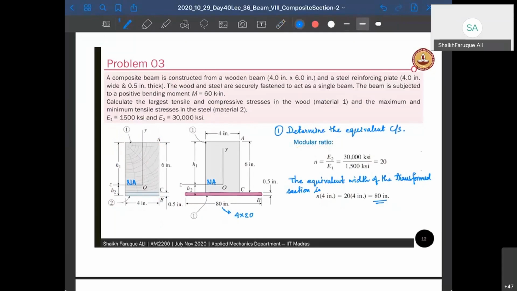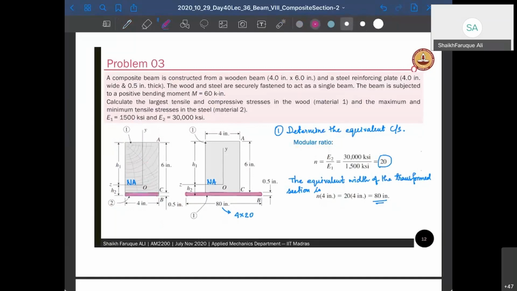So we just divide E2 by E1 because E2 is the higher value. So I'll get a multiplication factor which is 20. And now, when I'm multiplying with E2 by E1, I'm going to change my material cross section which is made up of steel into wood. So what I'm doing, I'm changing my material steel which was here into wood now.